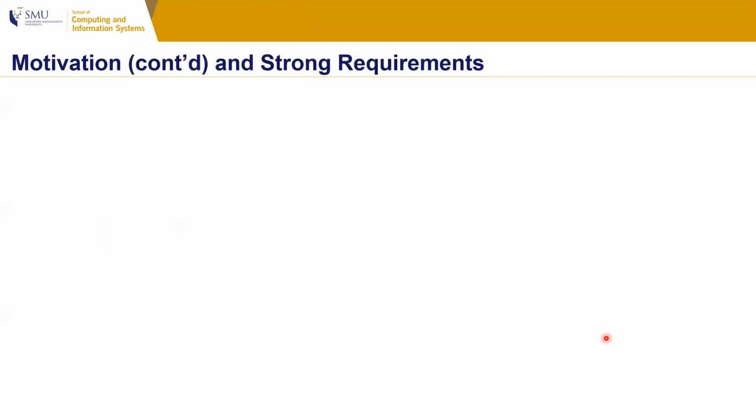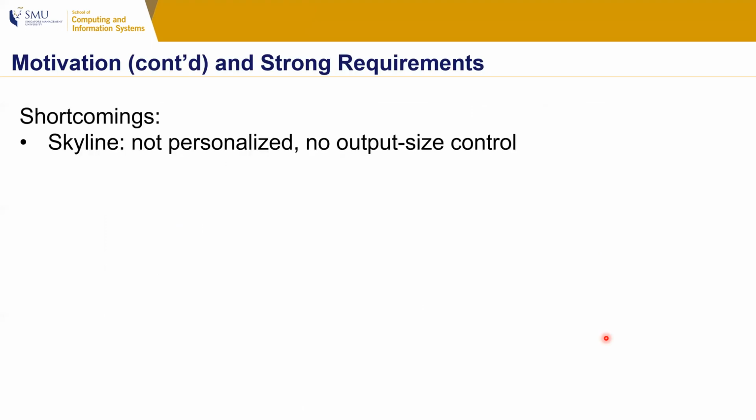Now, both these paradigms have some shortcomings. When it comes to the skyline, first of all, it is not personalized. This means that every user is going to receive the same skyline records. The second thing is that we don't have any control over the size of the skyline.